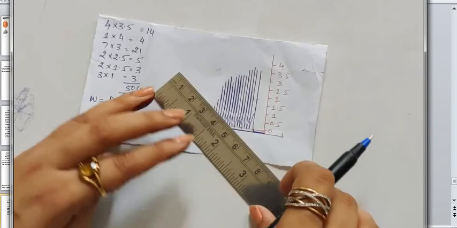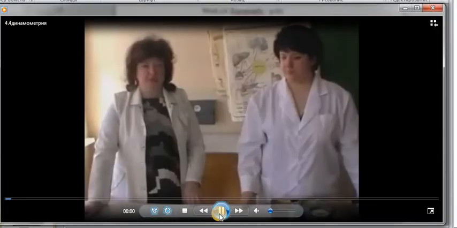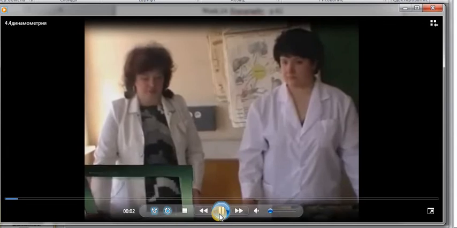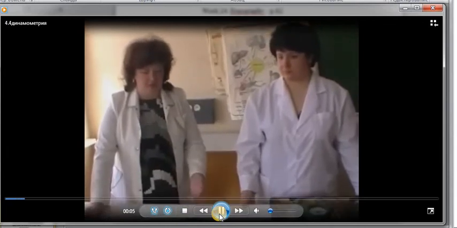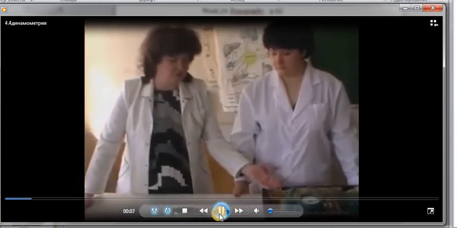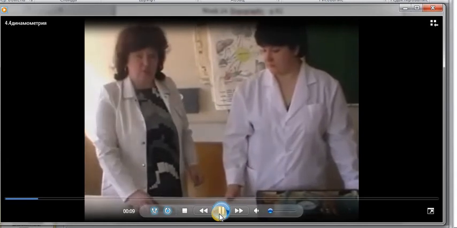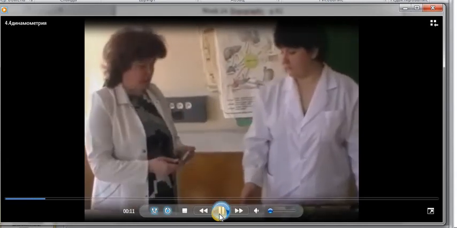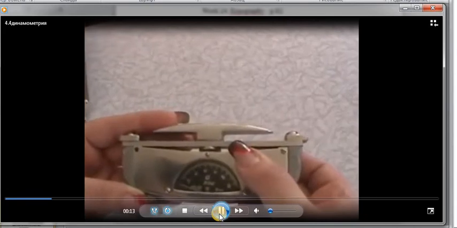It's a work about dynamometry of the hands. Let's watch the record. For this we will use a special equipment tool. Dynamometry is the lab work to know the force of hand muscles.